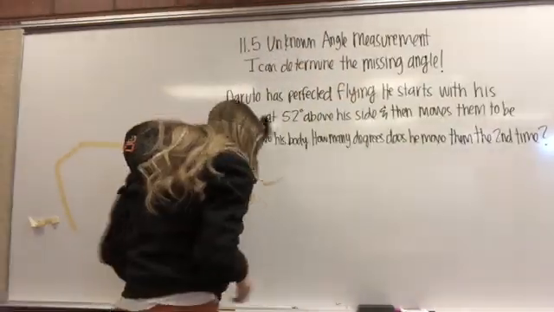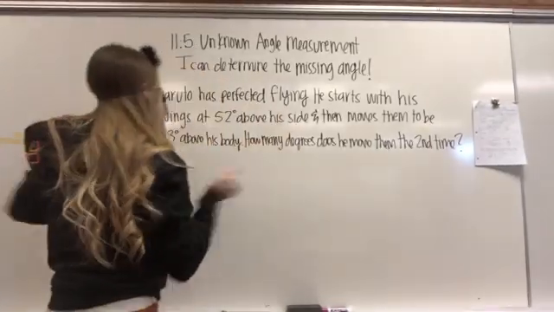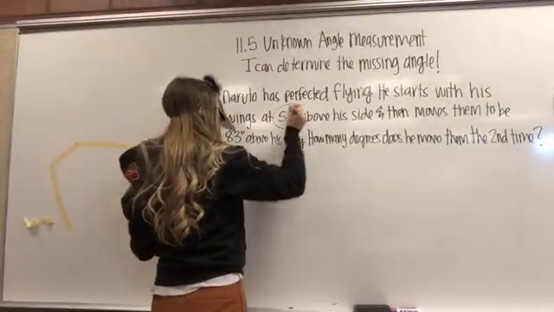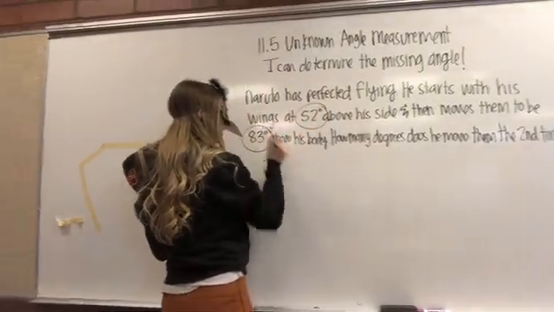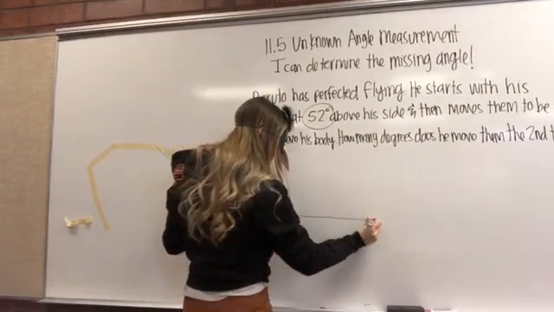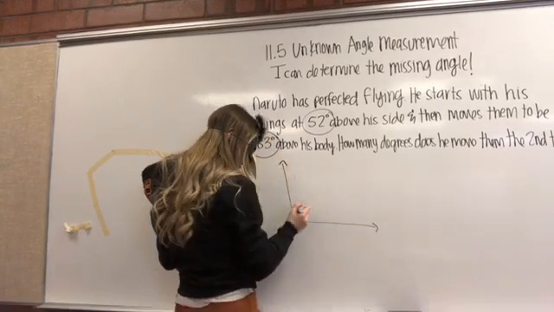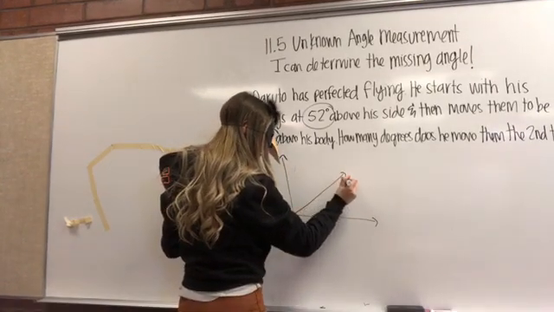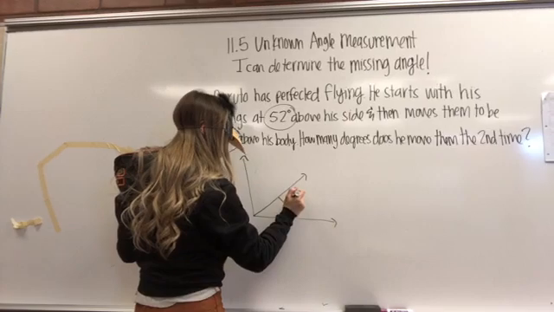Let's solve it. All right, so we have 52 and we know we end at 83. So let's draw some angles, okay? What this is saying is that my first movement, I move my arms 52 degrees.